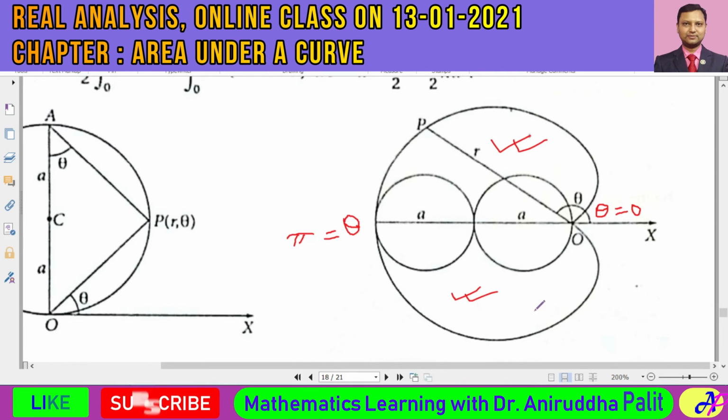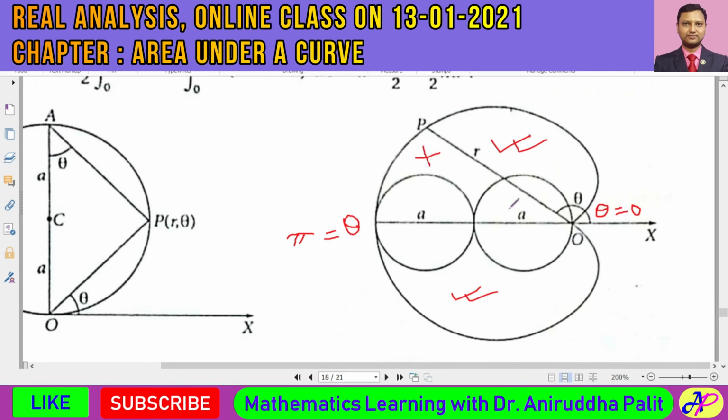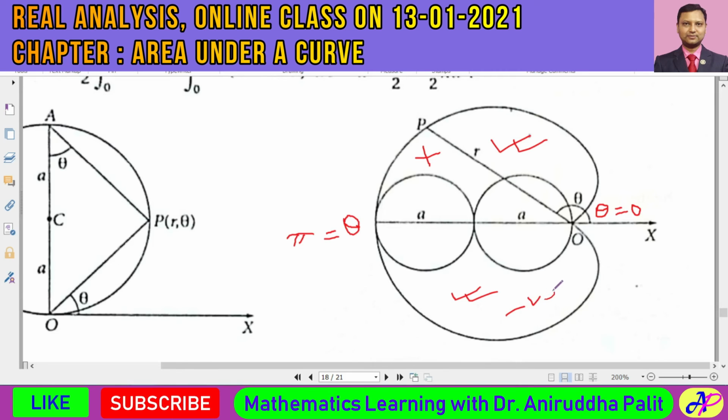But one area lies above the x-axis, and this area lies below the x-axis. So this much area would be the positive area and this much area would be the negative area.